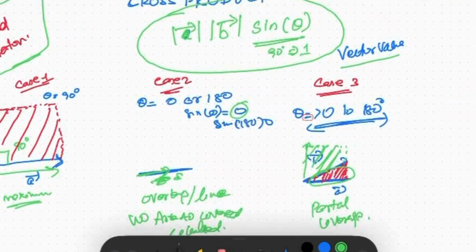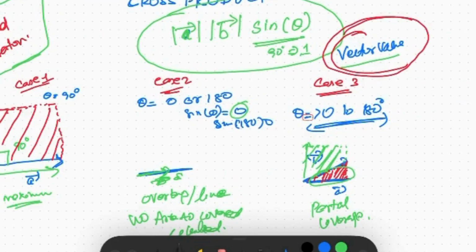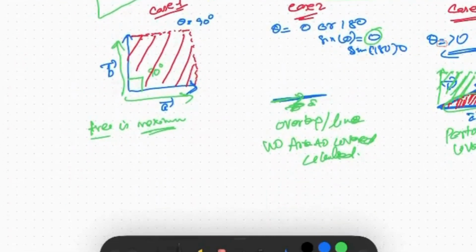Now we saw that the resulting value is nothing but again a new vector. So how is this new vector going to be? It will be perpendicular. Imagine this is represented in a 3D plane. I'm sorry, the images cannot be clear here, but I'll add a new video for you to visualize it.